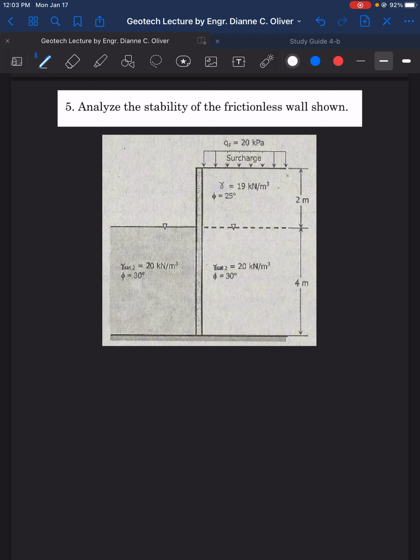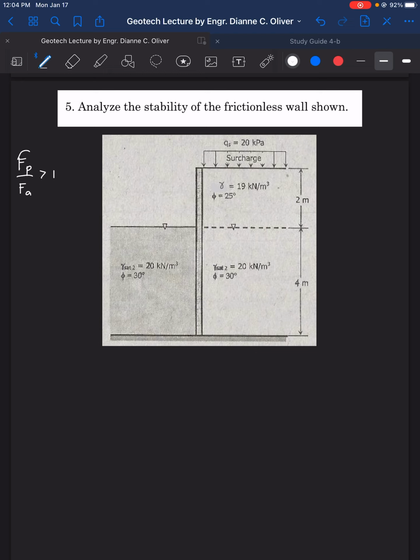So how do we know if the structure is stable or not? Well, we have tackled the passive and active forces. In terms of forces, if the ratio of the forces, say, force passive over force active, is greater than 1, what does it mean?